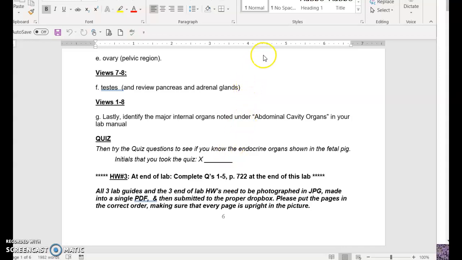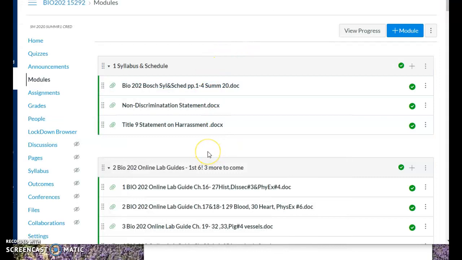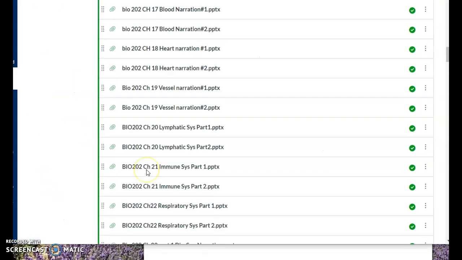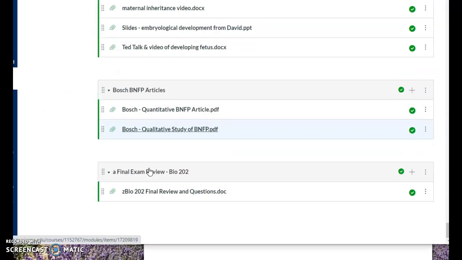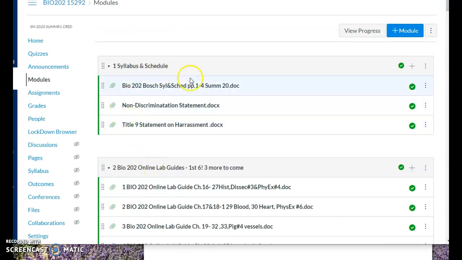Okay. A couple other things I want to show you real quick. I think I only have a couple minutes left on this screencast. Here are the modules. I clicked modules, and this should be about the same view you have. I have more stuff over here.